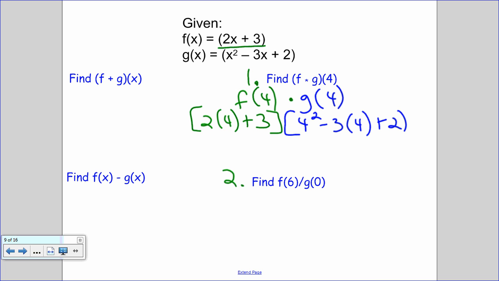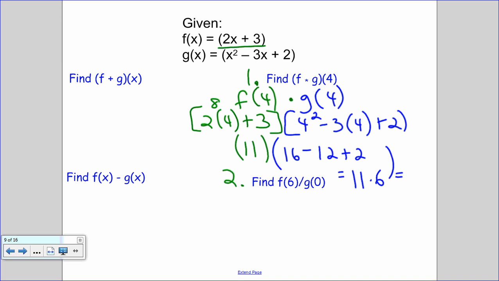So arithmetic would tell us to do this. That's 8 plus 3 is 11. And then let's simplify this. This will be 16 minus 12 plus 2. So that's going to be 11 times 6, which is 66.